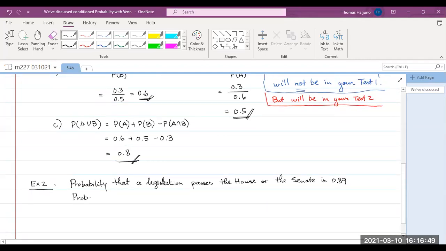Probability that it passes the House is 0.76.